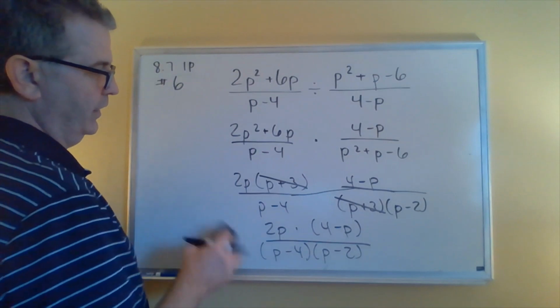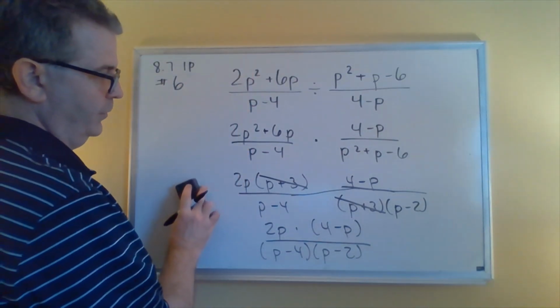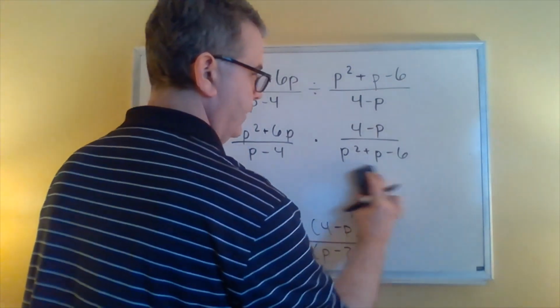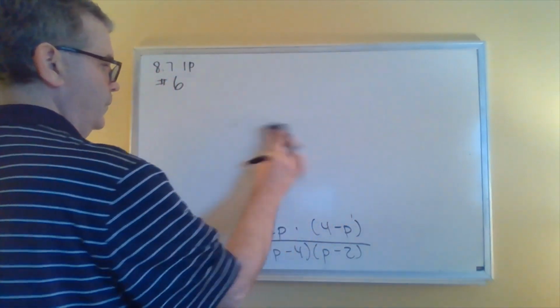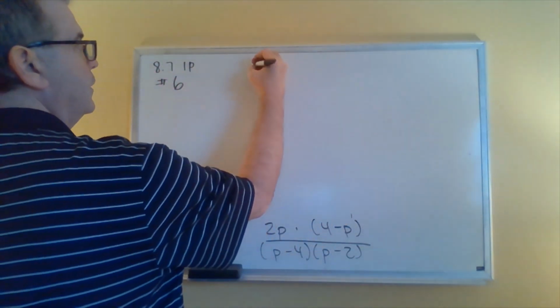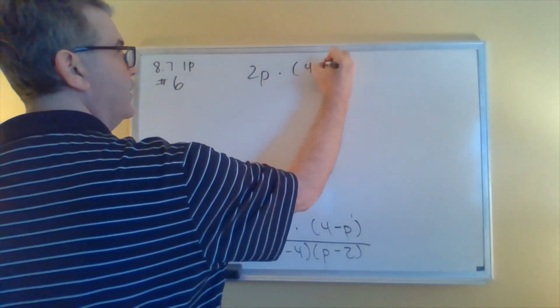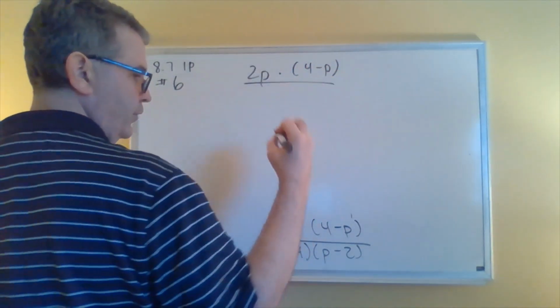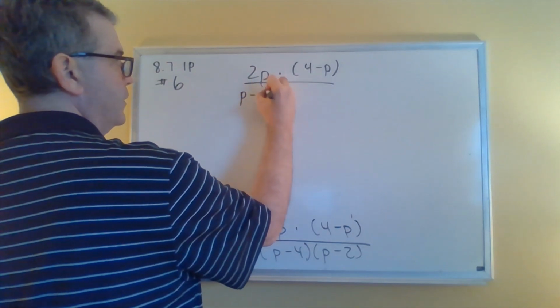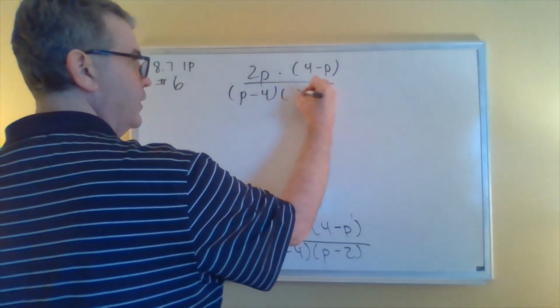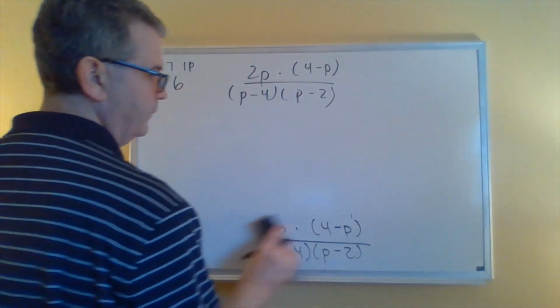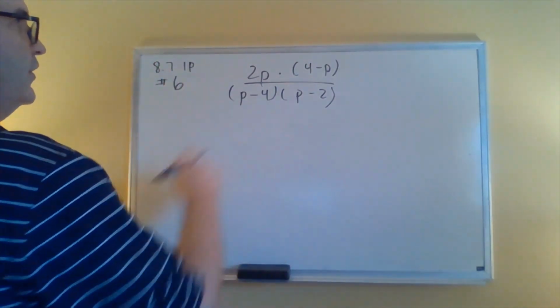I'm going to erase this work here so I can move that fraction up top. I've got 2p times 4 minus p over p minus 4, p minus 2. Okay, so I've rewritten that fraction up top.